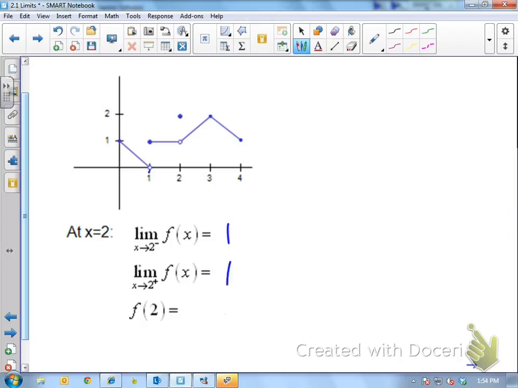So what does that mean about my limit overall? That means since we're matching, the limit overall is 1. What about my y value at 2? This time our y value is 2. Our y value had nothing at all to do with the limits. It can, but it won't always have to match the limits.